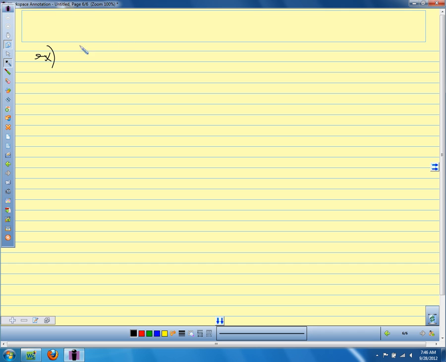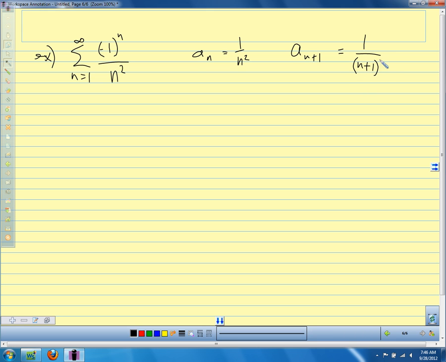Let's look at the sum n equals 1 to infinity of minus 1 to the n over n squared. We want to test this for convergence, and see if it's absolutely or conditionally convergent. Let's apply our test. A sub n is 1 over n squared, and a sub n plus 1 is 1 over n plus 1 squared.